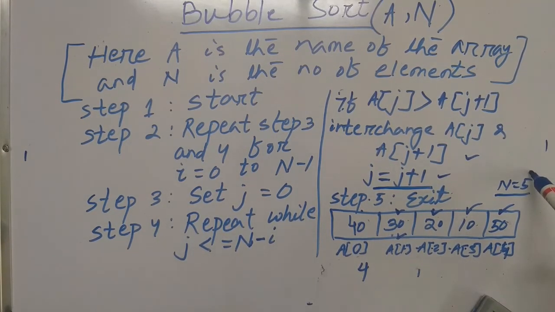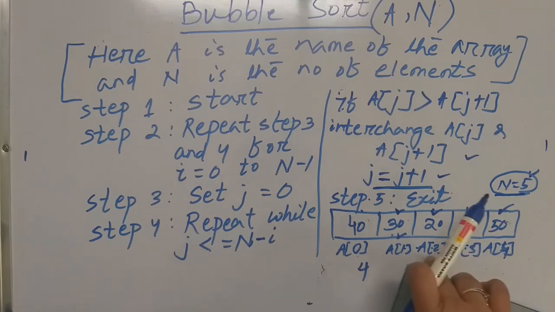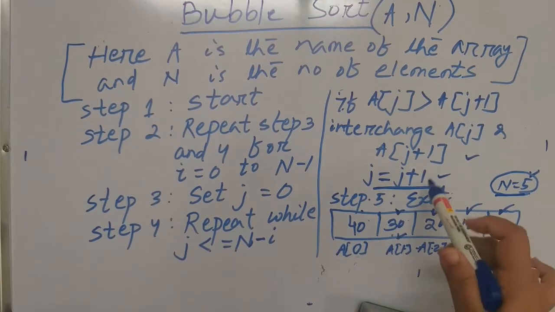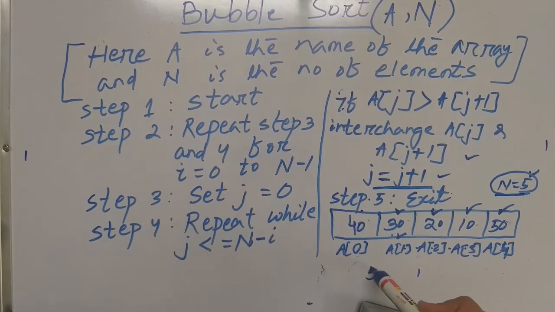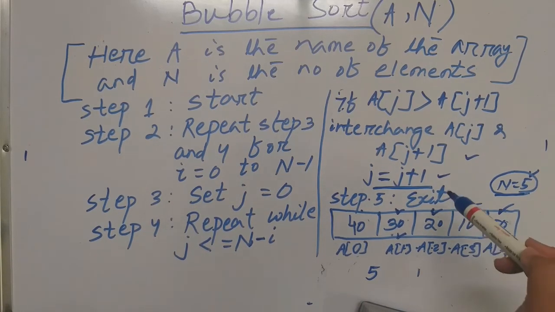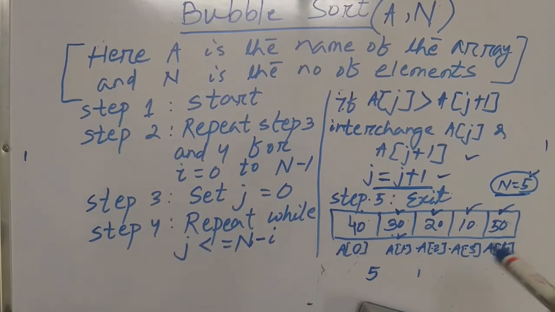Here n equals 5, and n minus i in the first step is 5, so the comparison goes up to this point and we end it. Once again we stop our algorithm at that position.